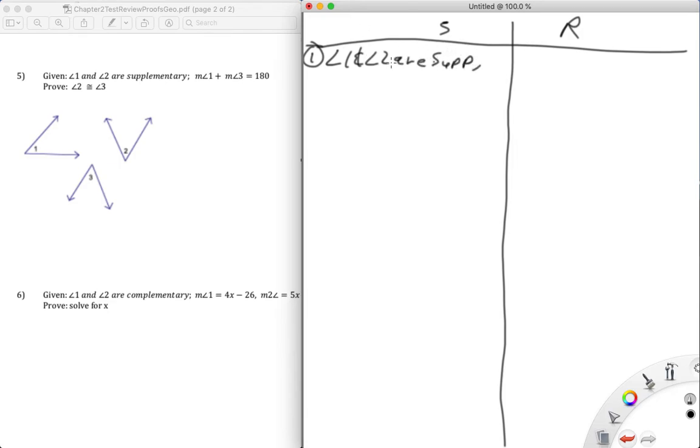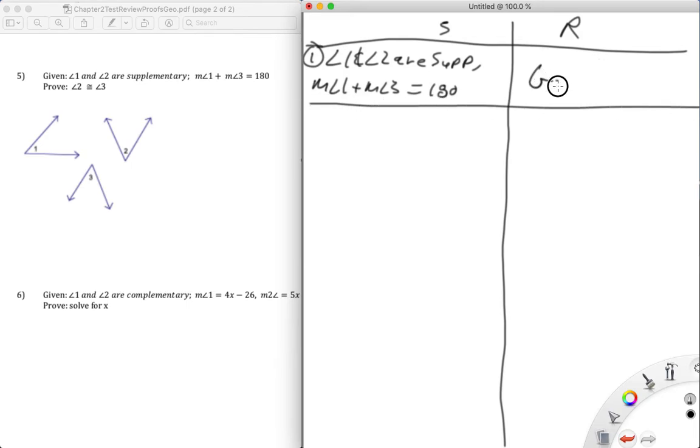We're also given that the measure of angle 1 plus the measure of angle 3 equals 180 degrees. And that's given to us.